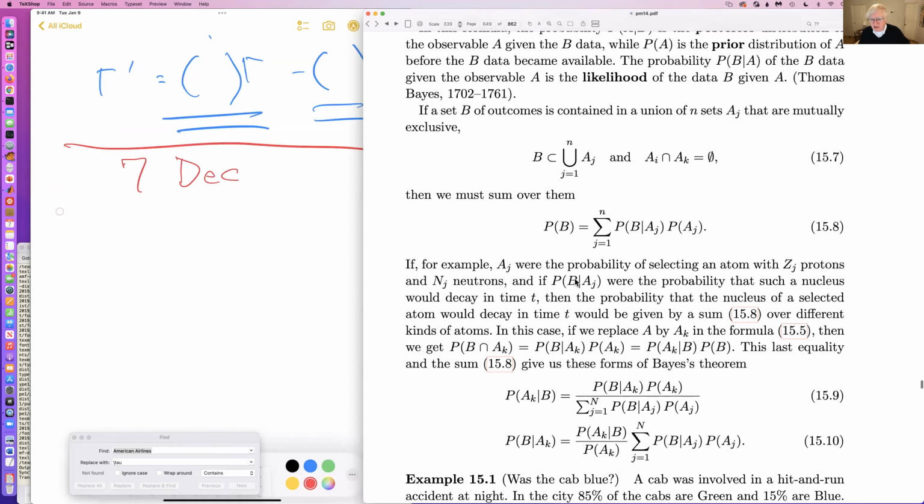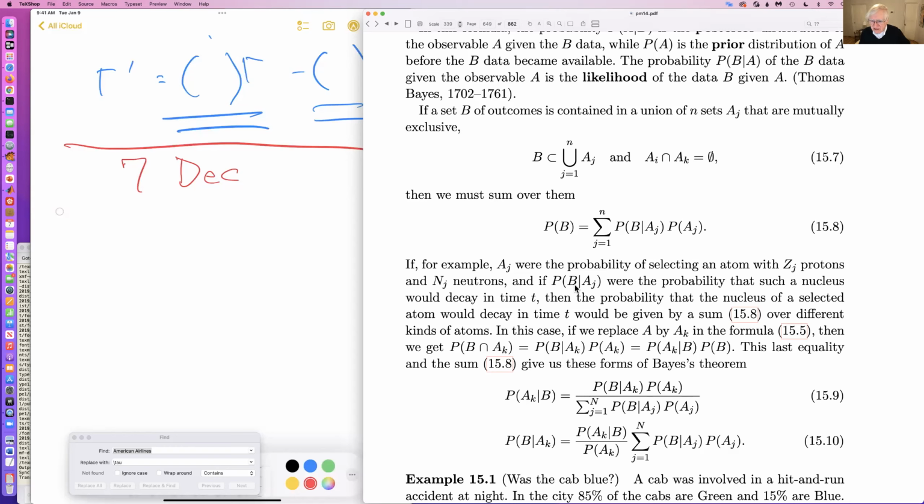And so an example here is, Aj might be the selection of an atom with Zj protons and Nj neutrons.